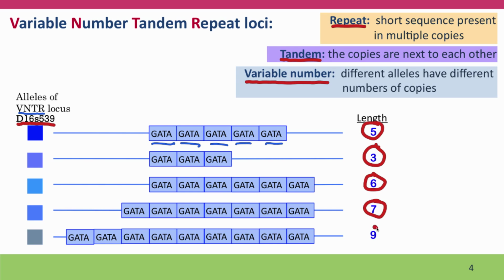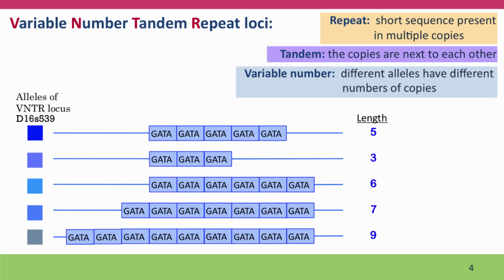And the alleles are characterized by how many different copies of the repeat there are. This is allele 9. There are 9 copies of the repeat present at this position in the chromosome. So this is a position in the chromosome, VNTR locus D16S539, a place on the chromosome where some people have 5 copies of GATA, some have 3, some have 6 or 7 or 9 or other numbers.